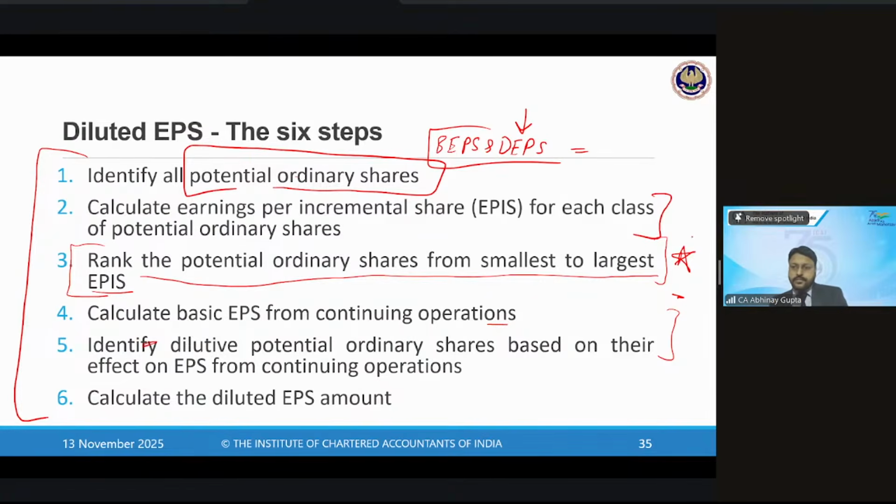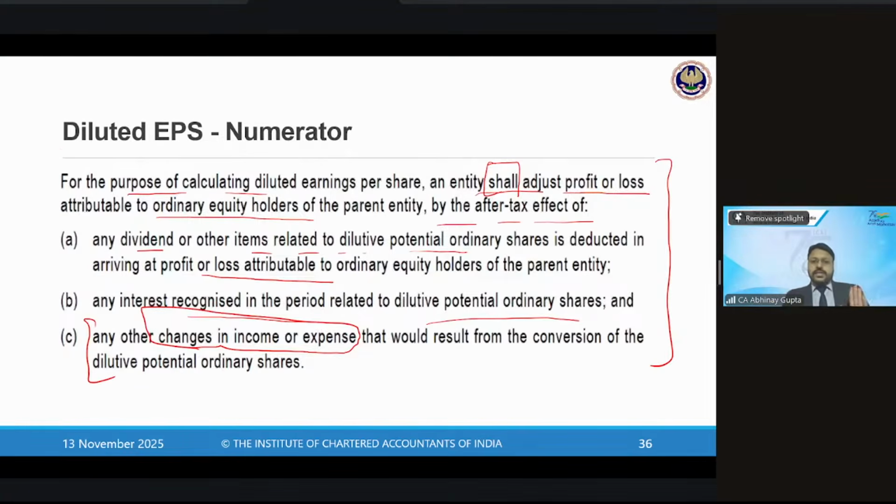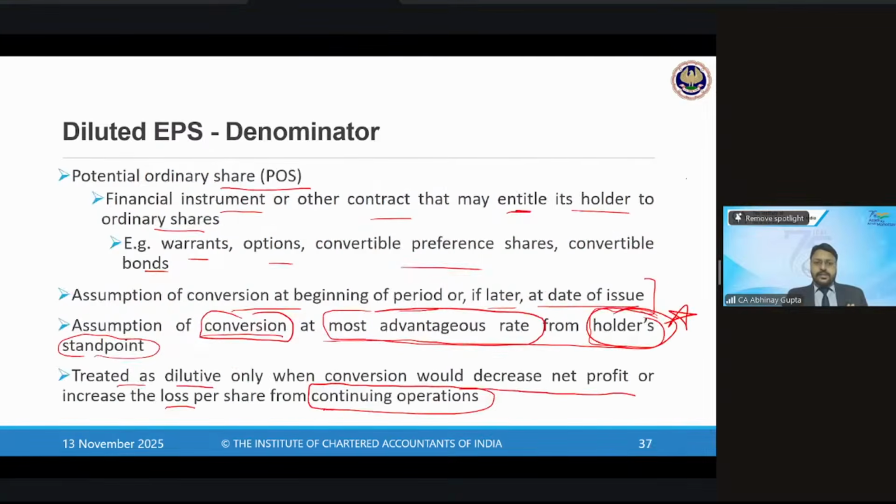Then we will rank them from 1 to 10 in the ascending order, smallest to largest. Then we will calculate the basic earning per share from continuing operations, and then one by one we will see which one is dilutive, and the ones which are dilutive only need to be considered, and on that basis we will calculate the diluted earning per share, right? Until now everything is clear? Yes, clear.